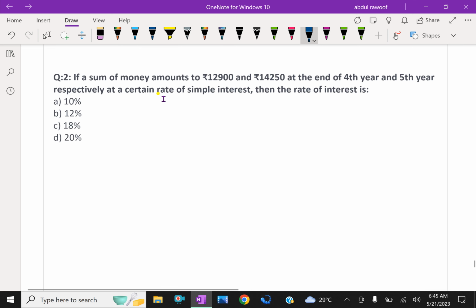Question number 2. If a sum of money amounts to 12,900 and 14,250 at the end of 4th year and 5th year respectively at a certain rate of simple interest, then the rate of interest is?